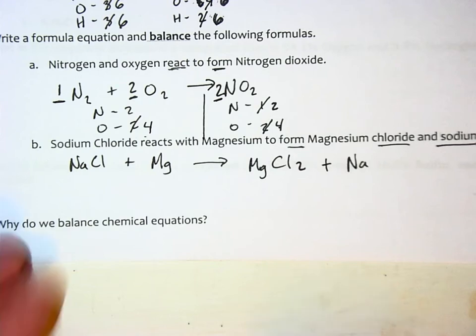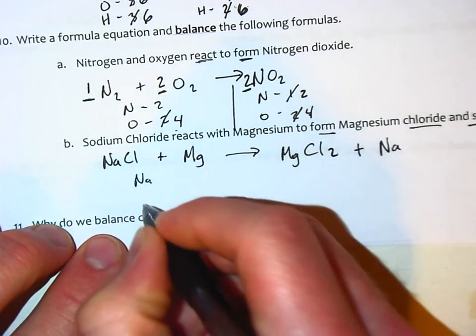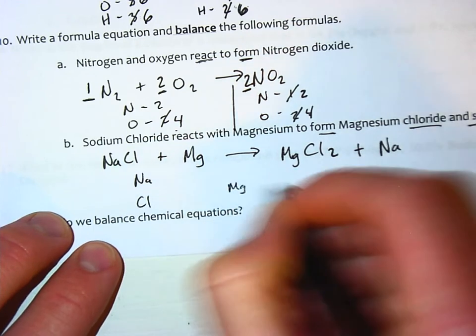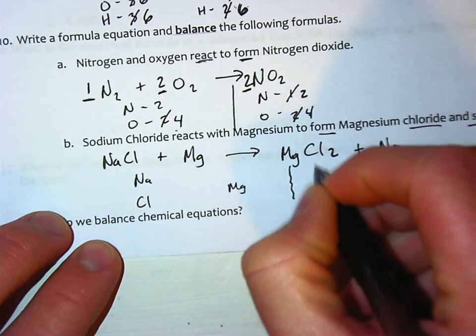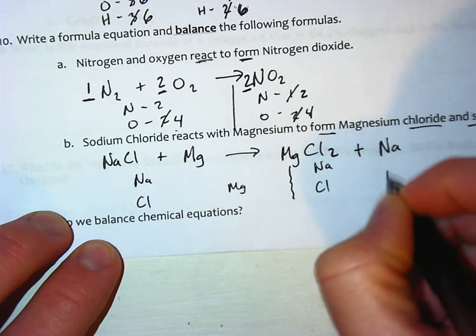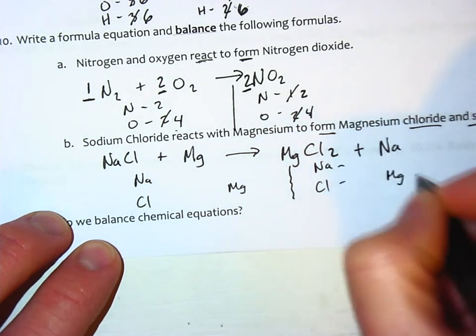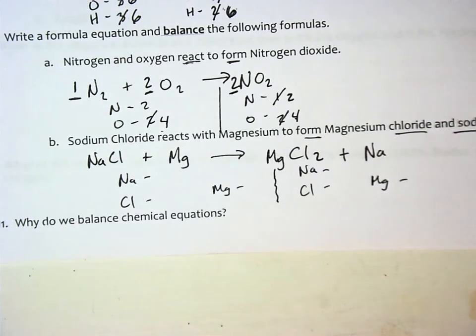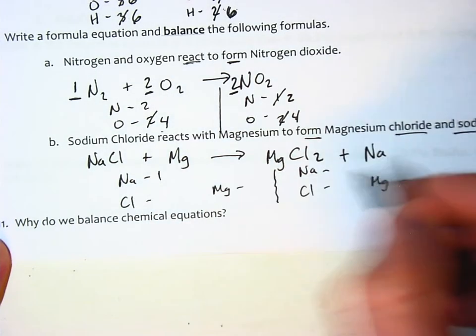So I've got NaCl and magnesium. Na, I've got 1 on each side.